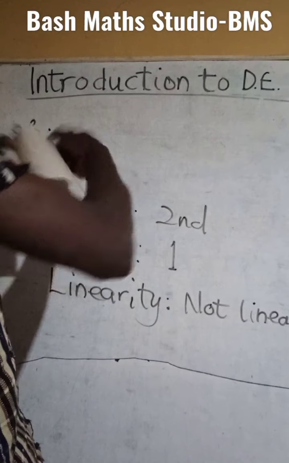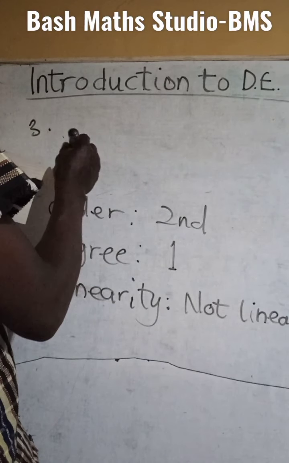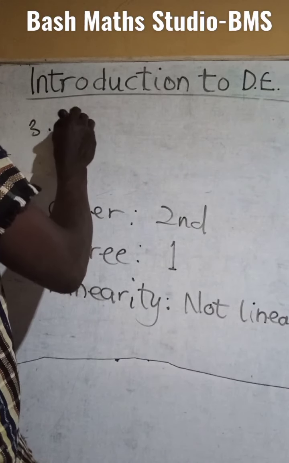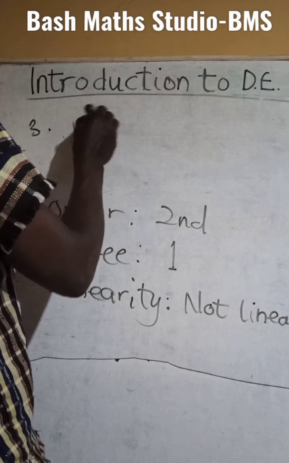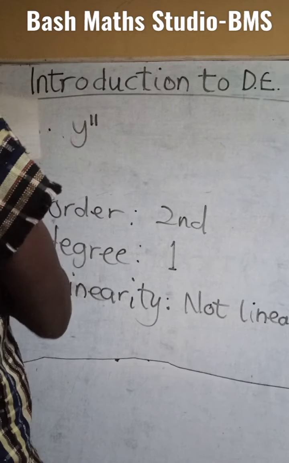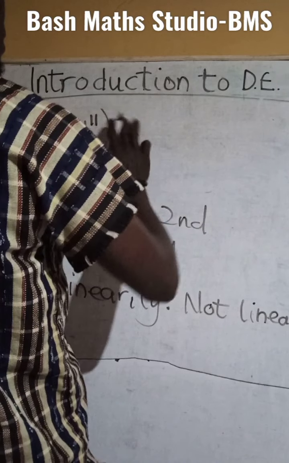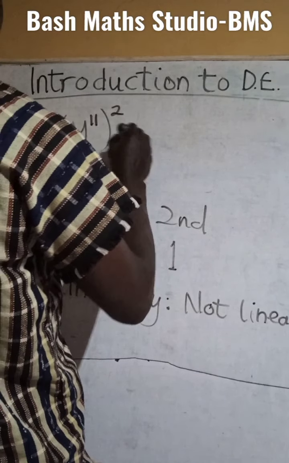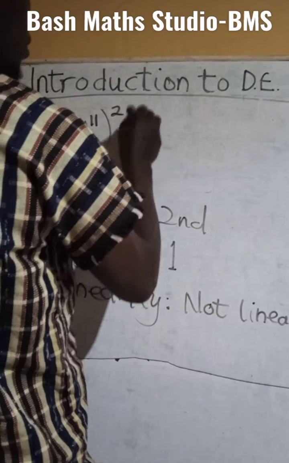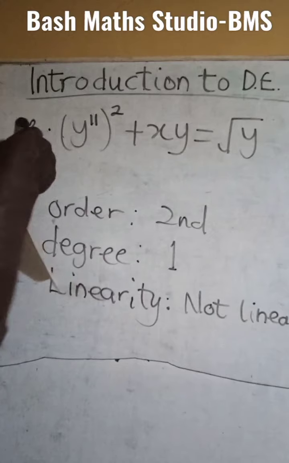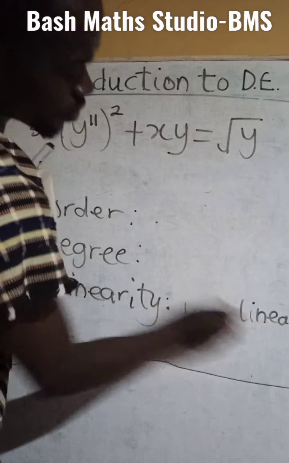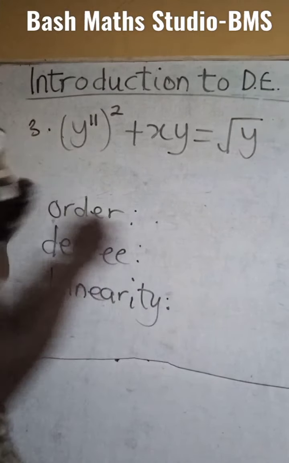We have this equation. We have y prime prime, which is second order, y prime prime squared plus xy is equal to root of y. So let's see the order, degree, and linearity.